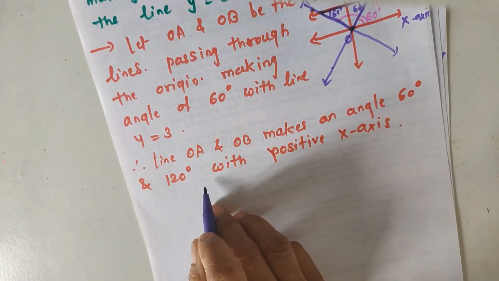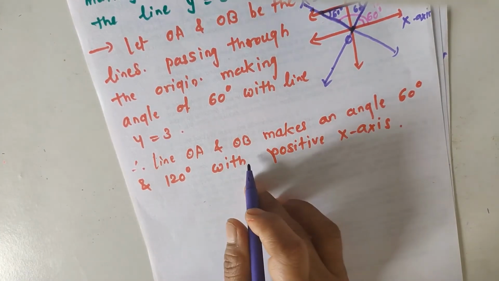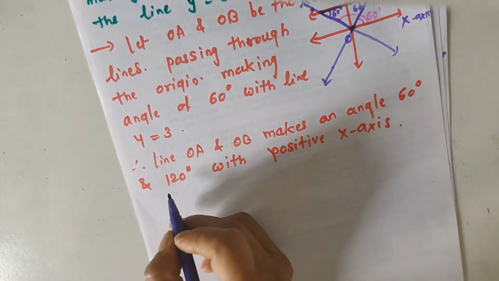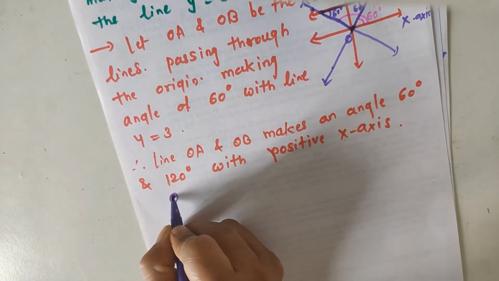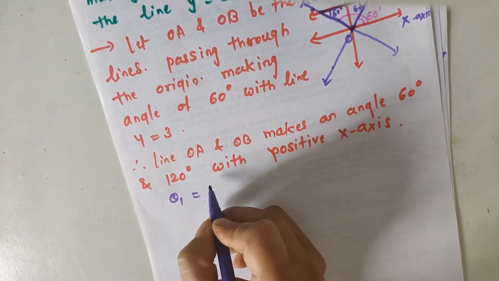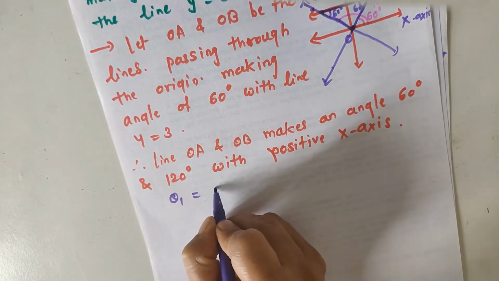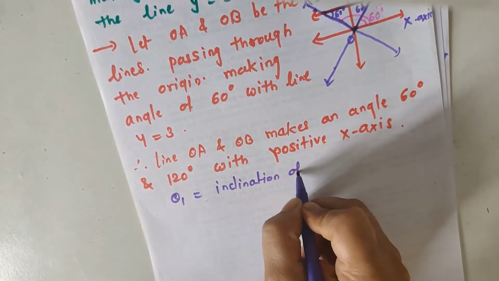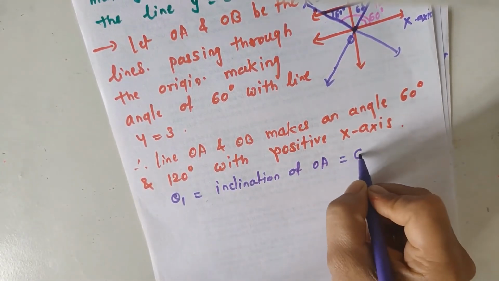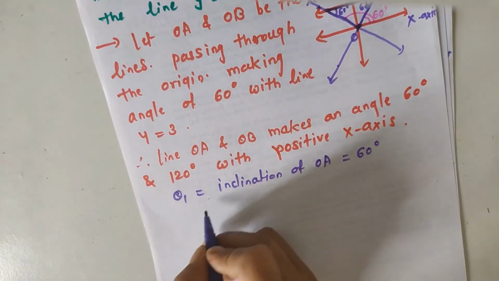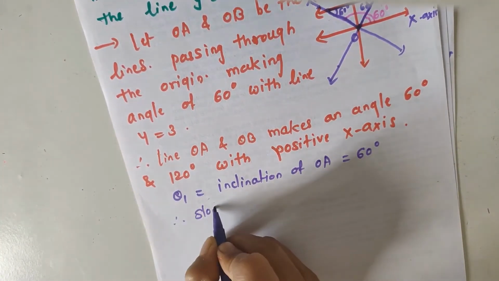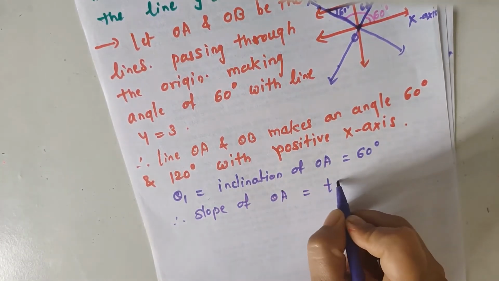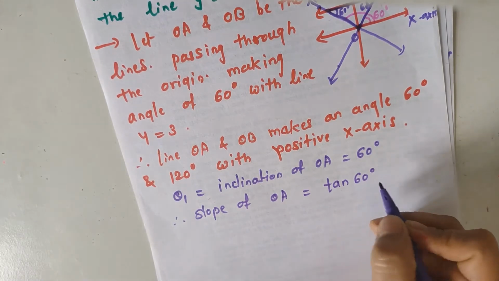And using this inclination we get the slope of lines, and using the slope we get the equation of line. So first write the inclination. Theta 1 is equal to the inclination of OA, which is 60 degrees, and therefore the slope of OA is equal to tan 60 degrees.